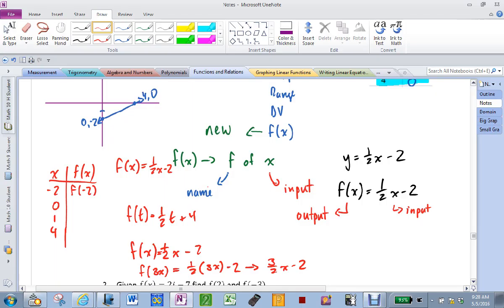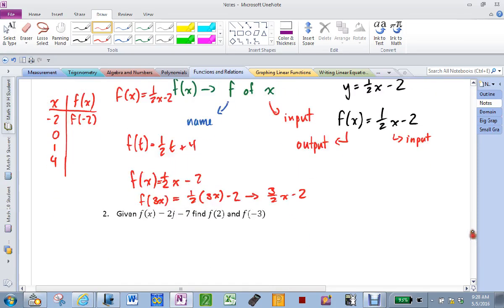So if I have a second function, f of x equals 3x, and I have a second function, 4x, can I call this function by the same name? No. So what changes? The f or the x? The f, because the f is the name. And we name it some other letter. Everybody cool?